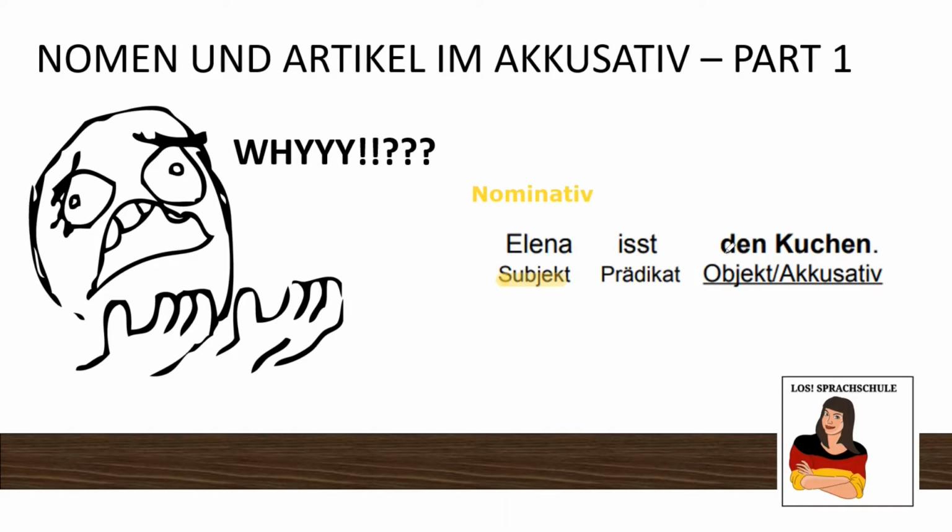But because the object in the sentence is not someone that does something, but someone that someone is doing something to, we need to change it. This is the big main reason for everything that is connected with the cases. So depending on what happens to the object by the subject, we have to change it.